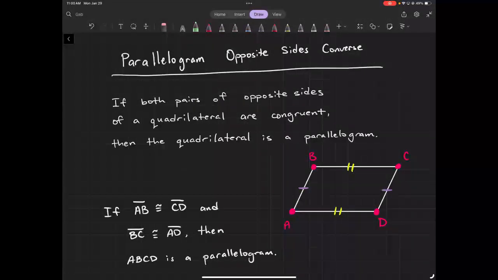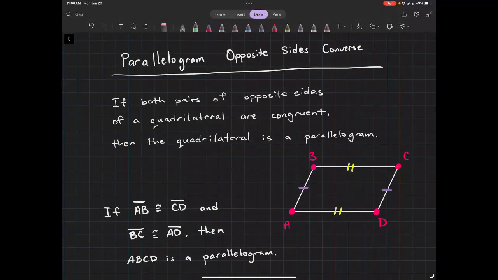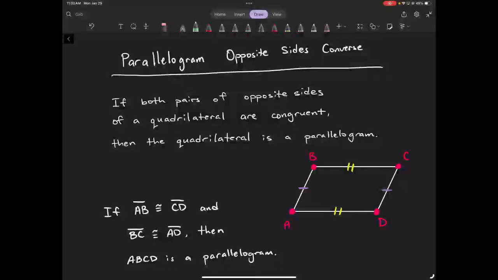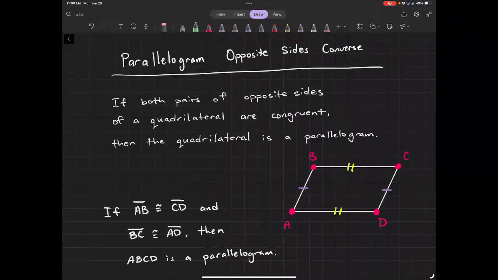So the two things that you guys were dealing with before, that you just told me as well: opposite sides are supposed to be congruent, and what? Opposite angles. This one deals with opposite sides. If you show that the opposite sides are congruent, then it is a parallelogram.